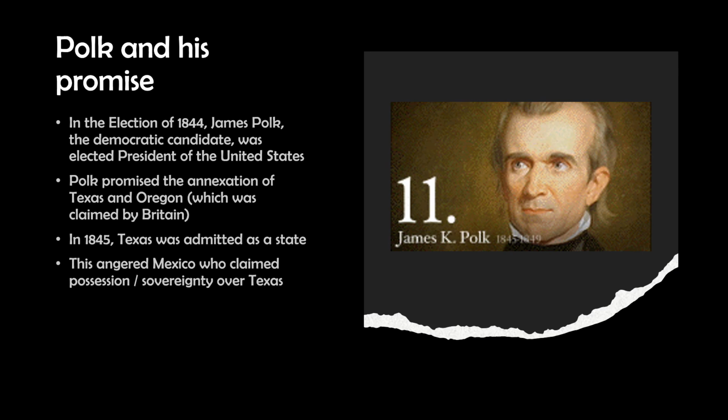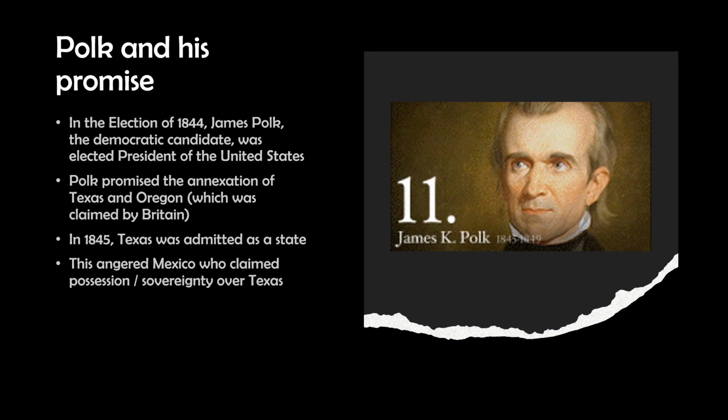Polk and his promise. This on the right is President Polk. He was president from 1845 to 1849. As you can see, we mention the election of 1844, mainly because elections usually happen in November, and then the new president starts off with the new year. Polk was a Democratic candidate, so he defended slavery.